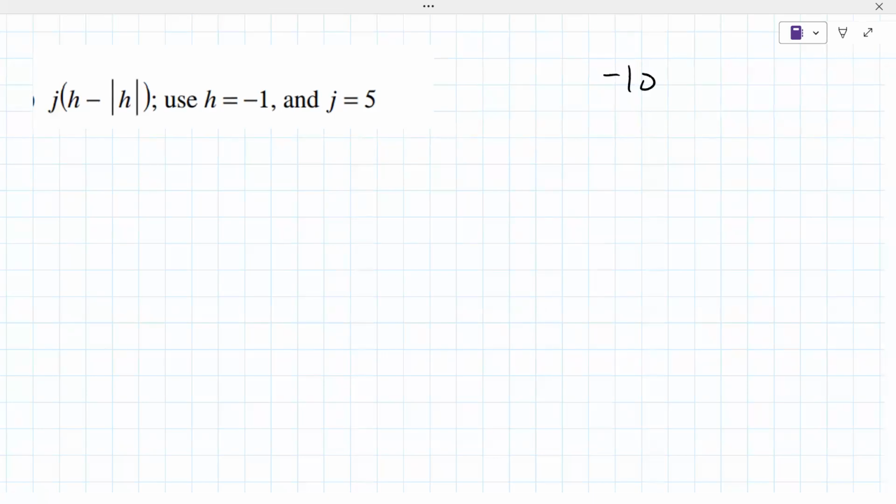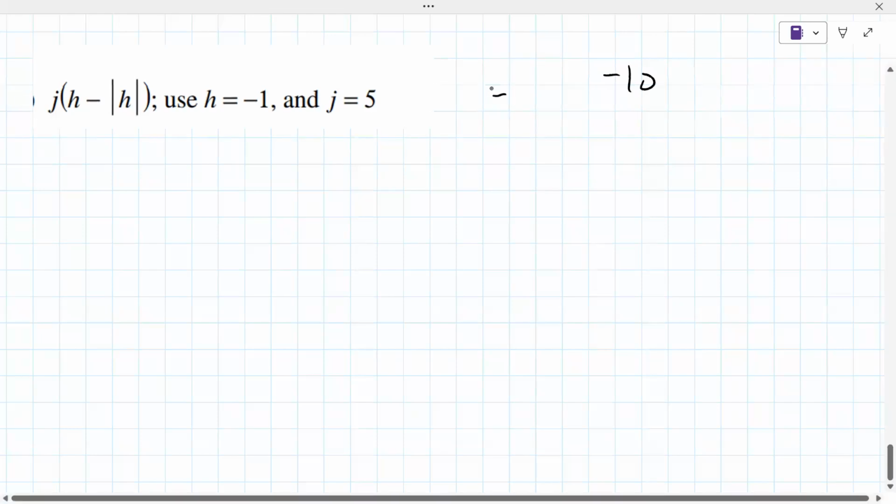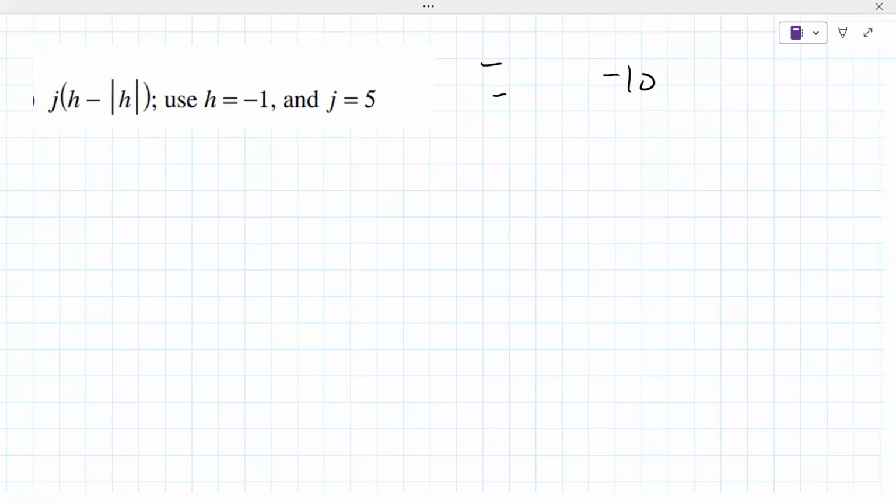Take a quick look here. I haven't worked it out yet. It is -10. Good. All right. So I feel like you're doing a great job with that. Let me see what else was on this assignment here.